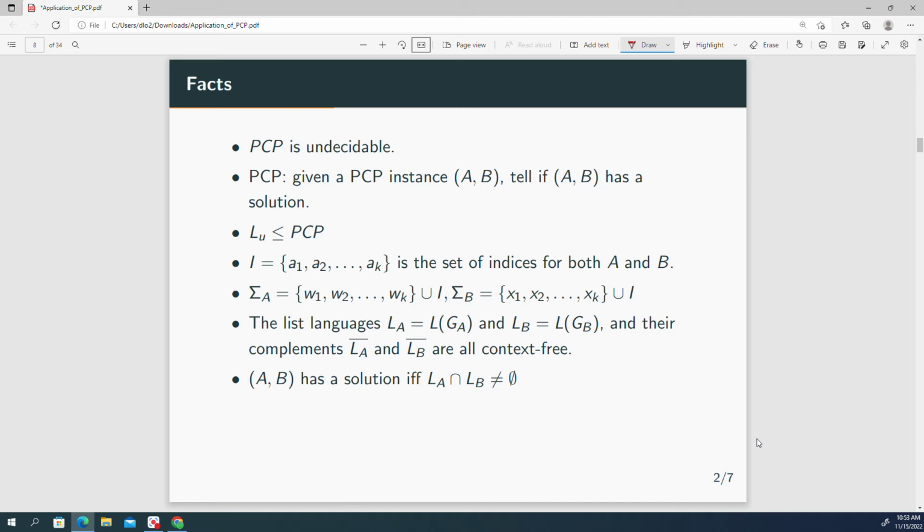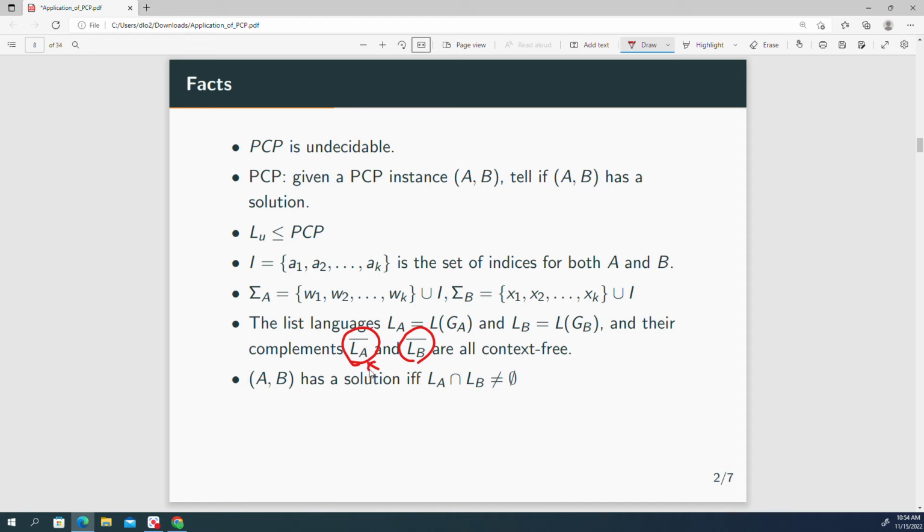It can be proved that LA is obviously context free, and the complements LA bar and LB bar are also context free. It's hard to design a context-free grammar for LA bar, but we can use a pushdown automaton to check if the string is not in LA, and then accept.